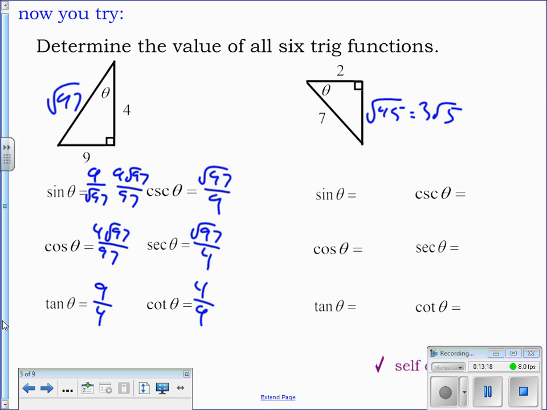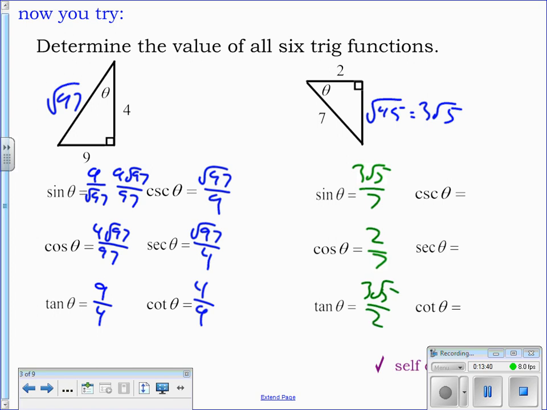On the second triangle, the square root of 45 is 3 root 5. So your sine is 3 root 5 over 7. Cosine is 2 over 7. And tangent is 3 root 5 over 2.